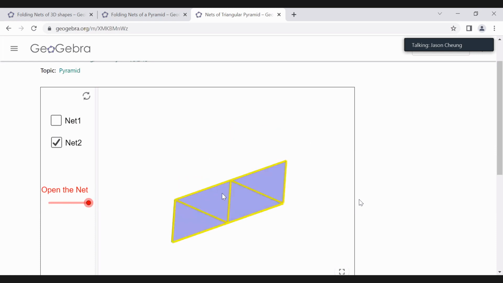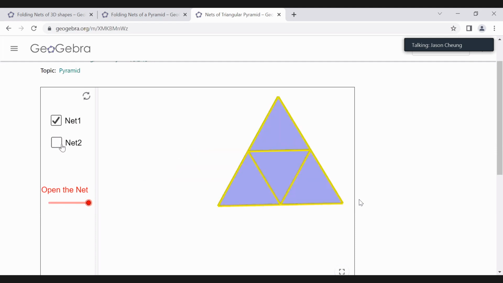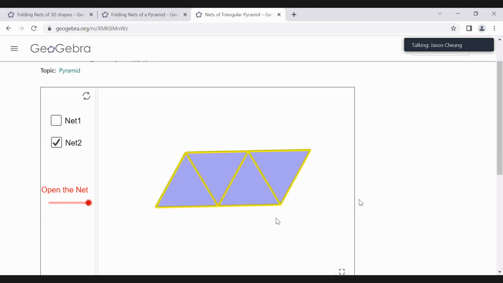Oh, this is another typical net here. This one is very easy to draw, and the previous one is also easy to draw. This one is also easy to draw. So here you can try to look at it like this. First of all, can you see it? Here we will fold this side and this side.